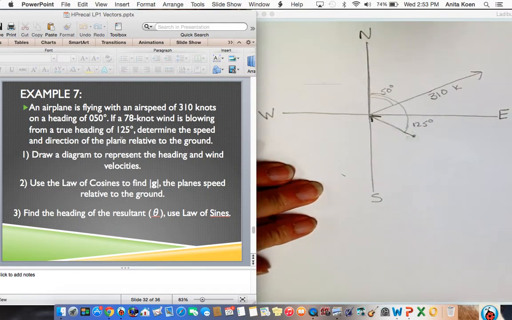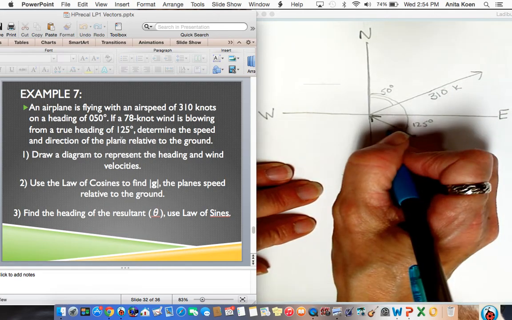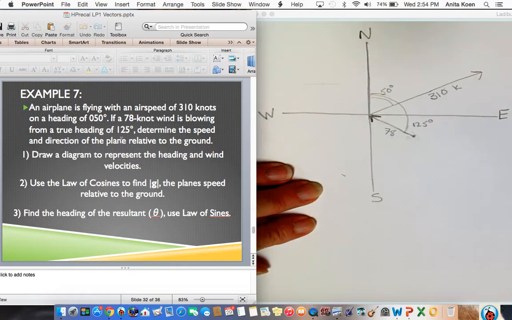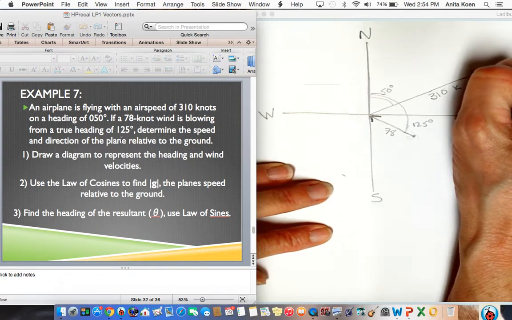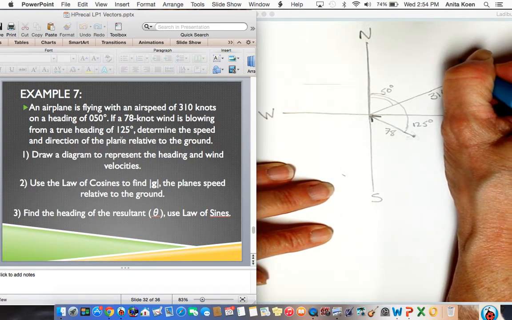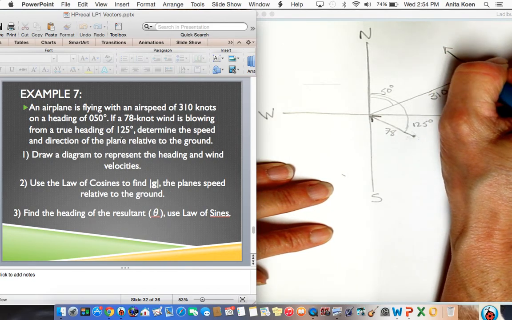So what we're going to do is add these two vectors together. I'm going to take this vector, whose magnitude is 78 and its angle there is 125, and add it to this one, which is about here, in that direction.